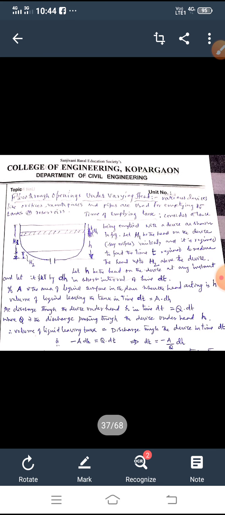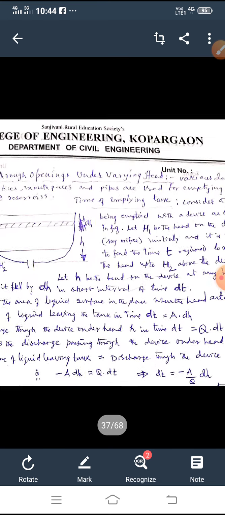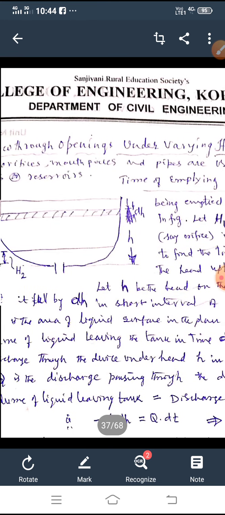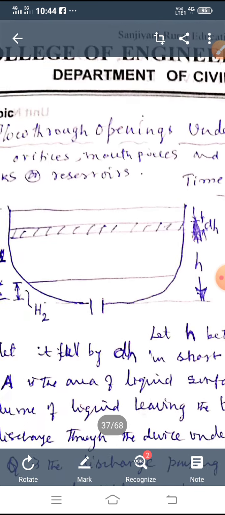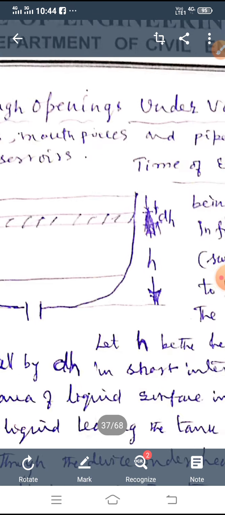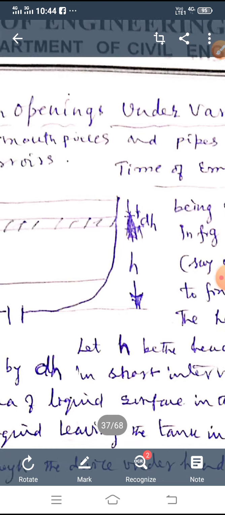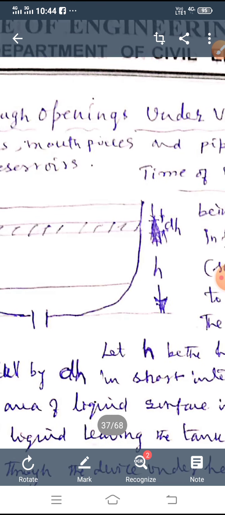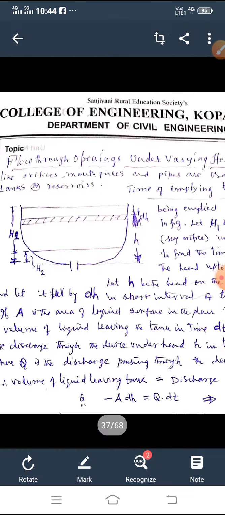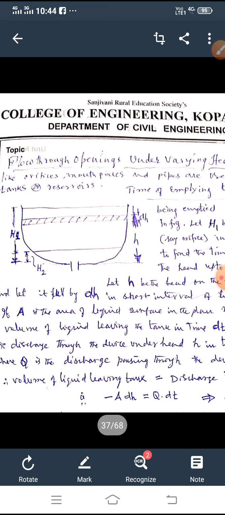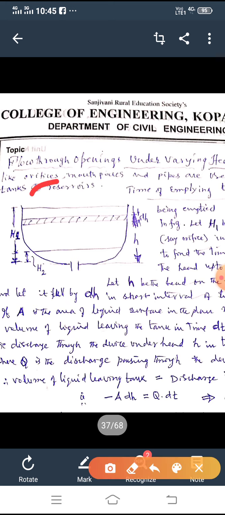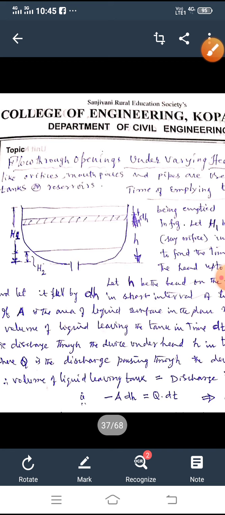Now the third case, as we already mentioned, the flow is non-periodic but slow, that comes under flow through openings under varying head. Various devices such as orifices, mouthpieces, and pipes are used in order to let off the water from a tank or a vessel.